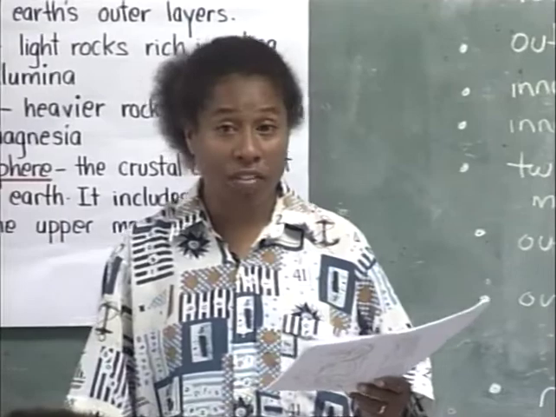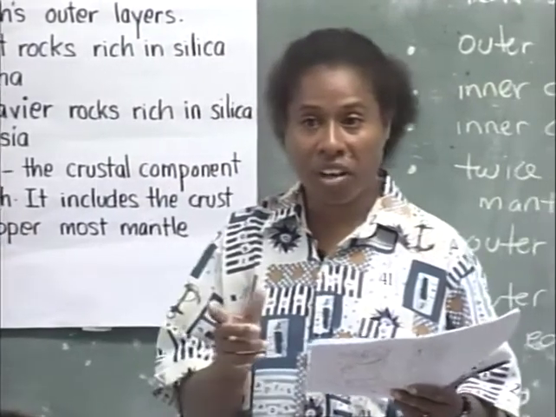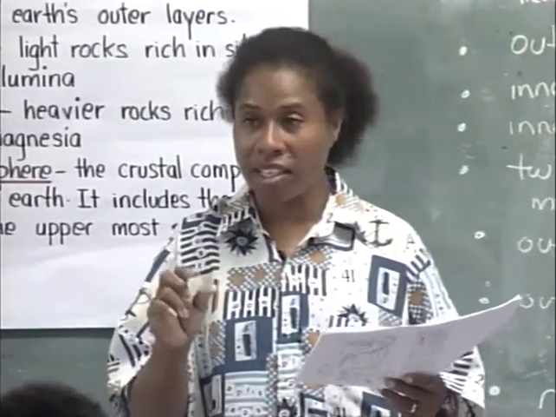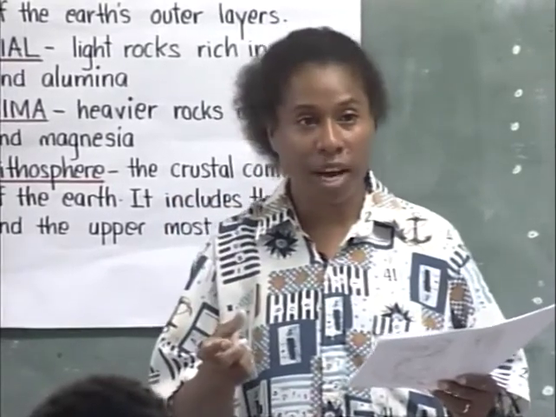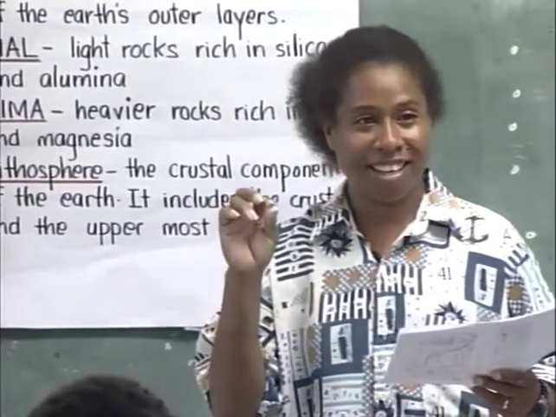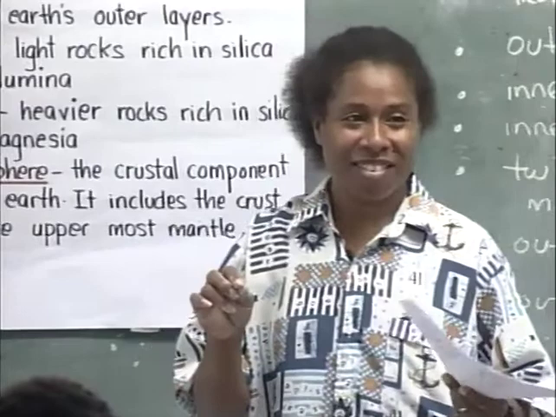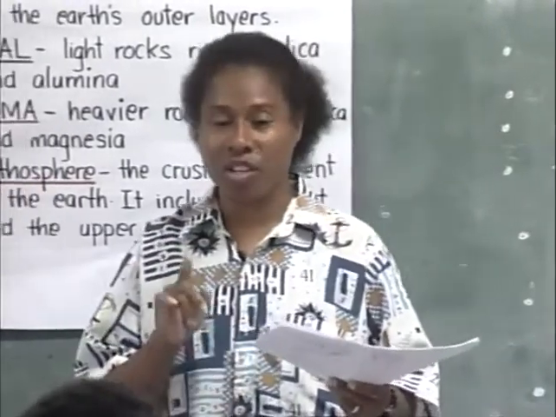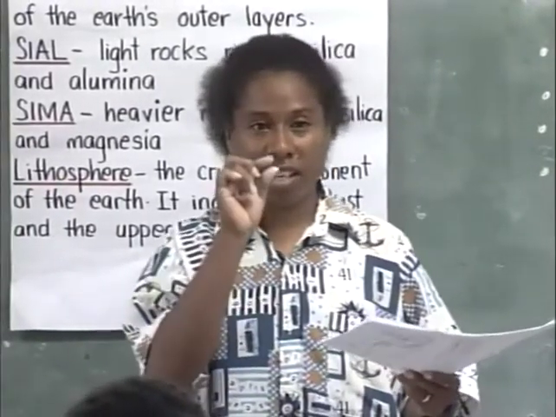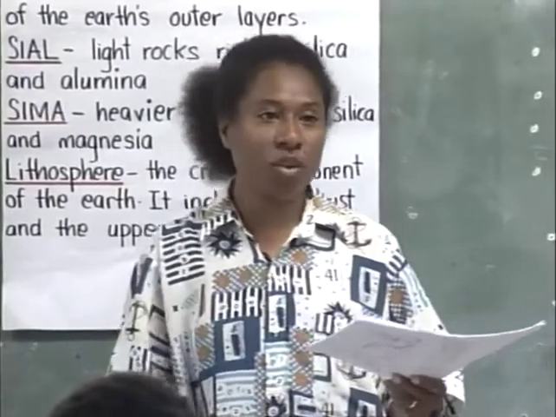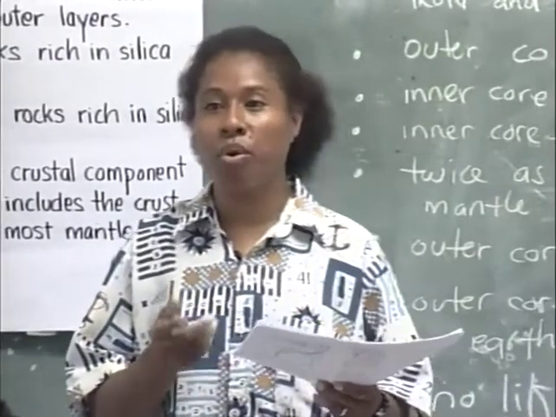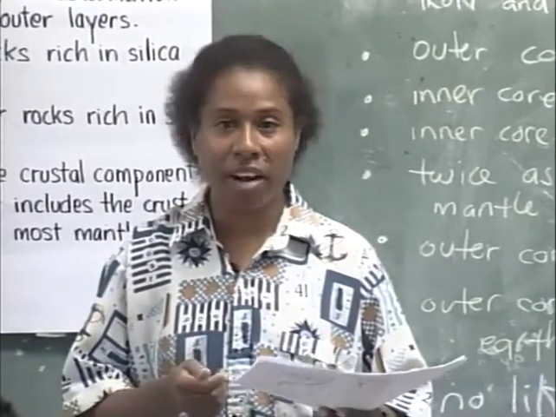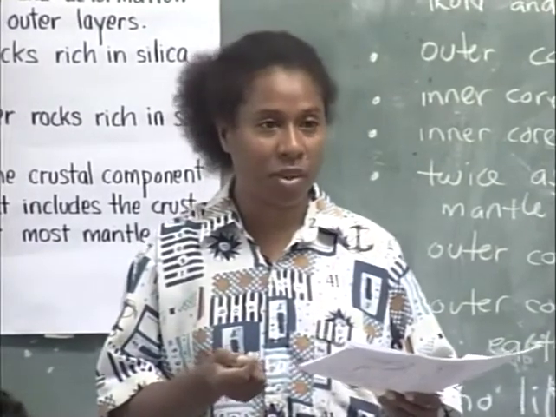The shell of the boiled egg is very thin in comparison with the egg white and the yolk. So the crust of the Earth can be referred to as the shell of that egg. It's very easy for that shell to be cracked and broken because it's very thin.